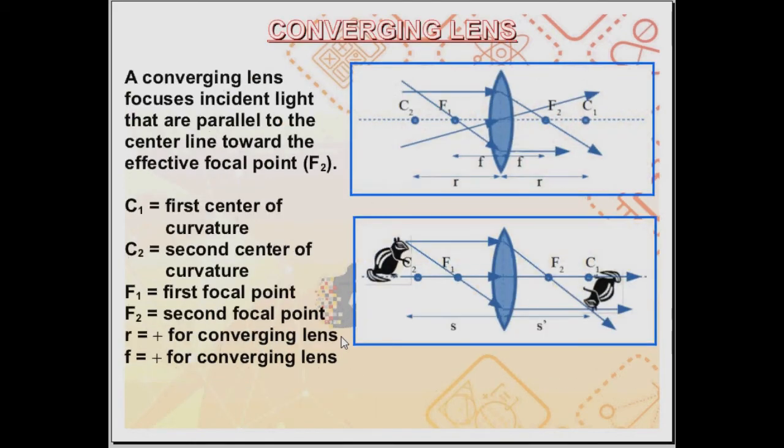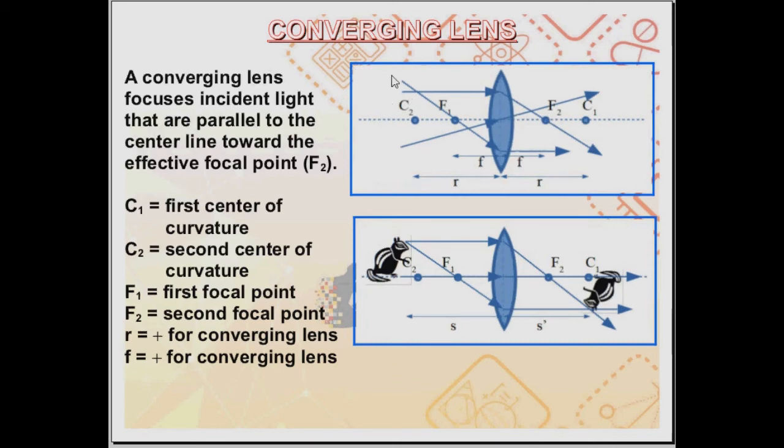There are two types of lenses. As we have mentioned, you have the converging lens and the diverging lens. Let's take a look at the converging lens first. A converging lens focuses the incident light that is parallel to the center line. The dashed line is the center line. The lens focuses the incident light towards the second focal point, F2.